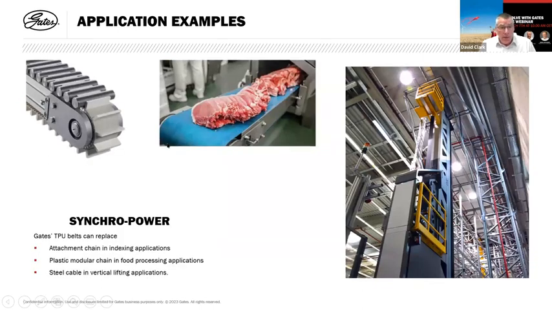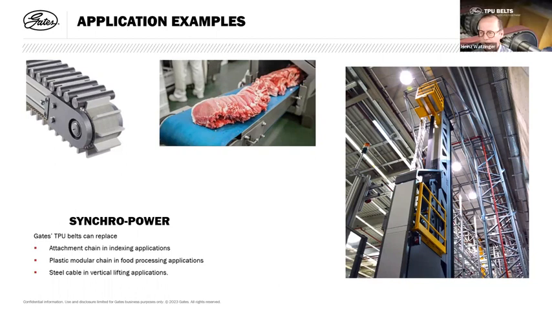Next, we'll hand it back to Heinz to talk a bit more about the application examples for TPU belts. Thanks, David. The TPU belt, Synchro Power Belt, can replace, for example, attachment change in indexing applications, the clean and quiet operation in transportation applications requiring indexing.